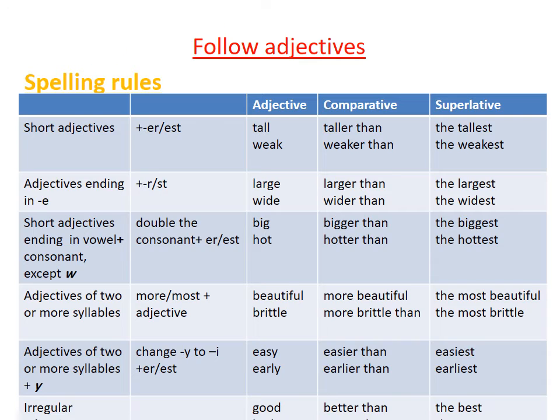Then we put the adjective. So before the adjective, we add more in the comparative, and we add most in the superlative. إذا نضع قبل الصفة more في الcomparative ونضع قبل الصفة most في superlative adjective.